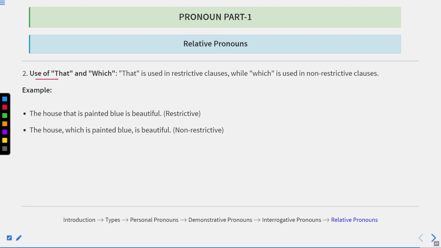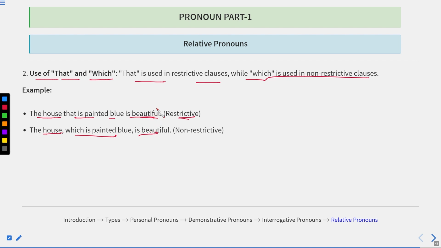Now, relative pronouns: use of that and which. That is used in restrictive clauses, while which is used in non-restrictive clauses. So the use of that or which depends on the type of clause, either restrictive or non-restrictive. The house that is painted blue is beautiful. This is restrictive. And the house, which is painted blue, is beautiful. So you can see both the sentences.